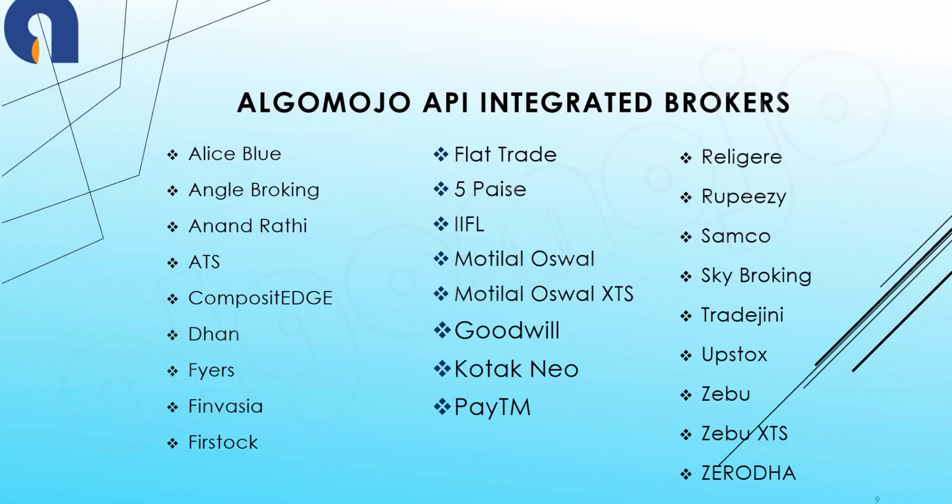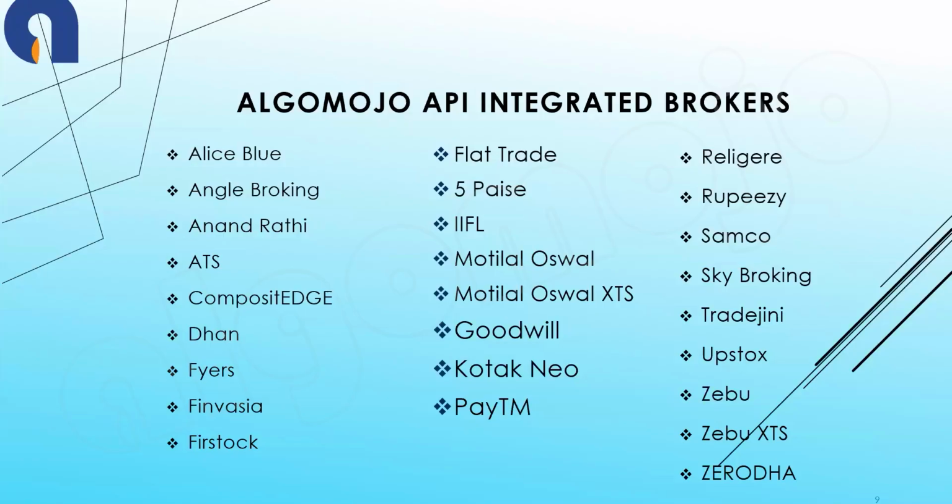So these are some of the brokers with whom we have completed the integration, and you could use any of them for trading. Now we have a special offer. Earlier, if you used the Algomojo platform to open an account with any of the integrated brokers, the APIs from Algomojo used to be free of cost for life.